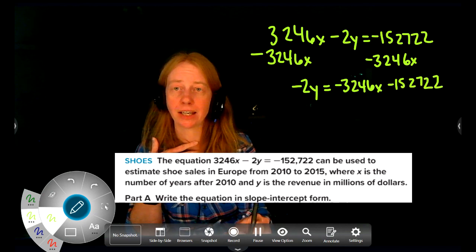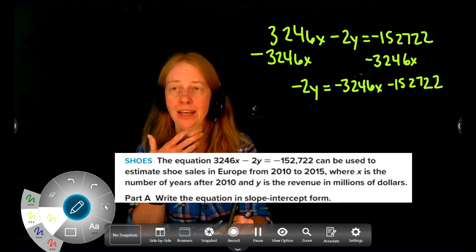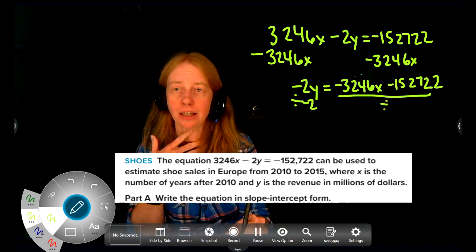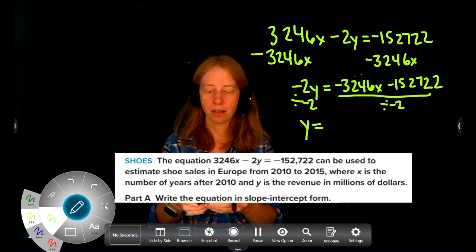Those are too big for me to write and say out loud. All right, and then I'm going to go ahead and divide by -2 on both sides. Divide by -2. So now I have y equals, let's do this math together.